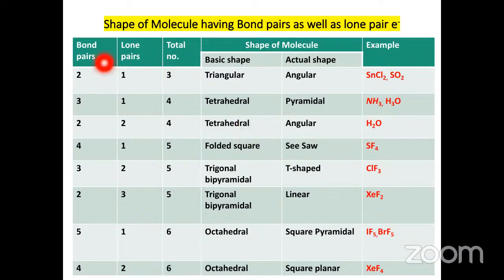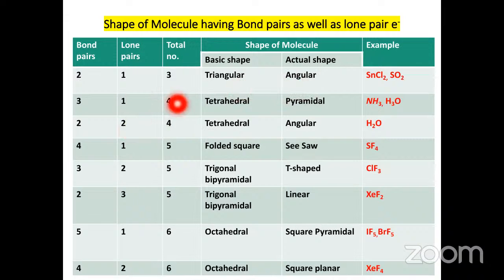Here, the bond pairs. If the bond pairs are 2 and lone pair is 1, that is, the total electron pairs are 3. Then, if the total electron pairs are 3, out of these 3, 2 are bond pairs and 1 is lone pair, then the shape of the molecule is triangular, but the actual shape is angular due to the lone pair, according to VSEPR theory.